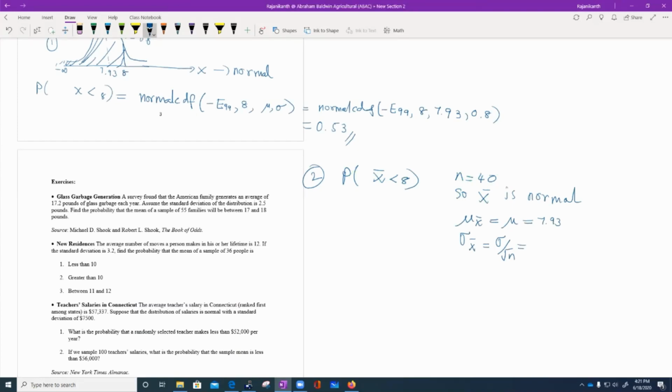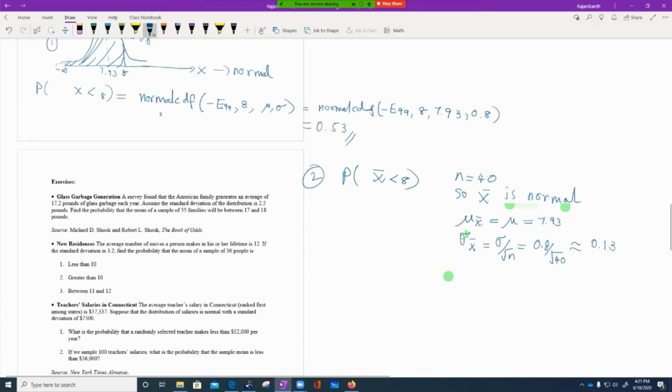The original standard deviation for the problem is 0.8, and I'm dividing by the square root of the sample size 40. So this is approximately 0.13. Okay, so I need this information for finding the area for x bar.